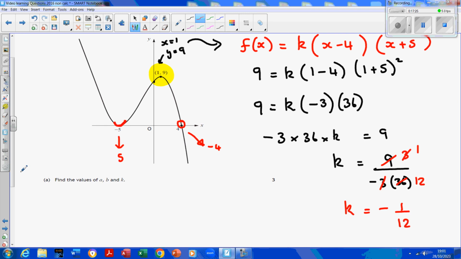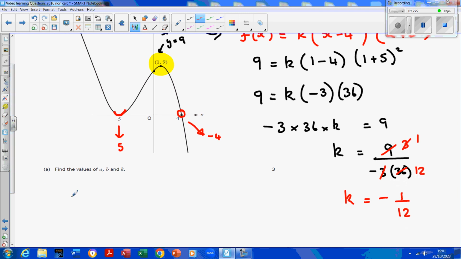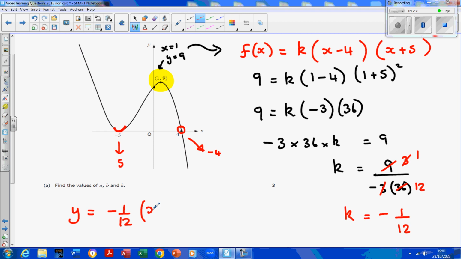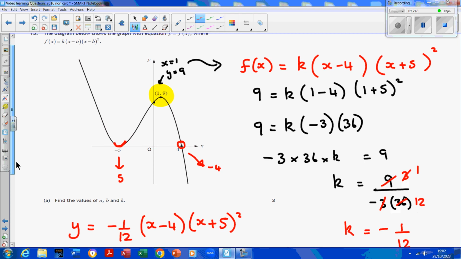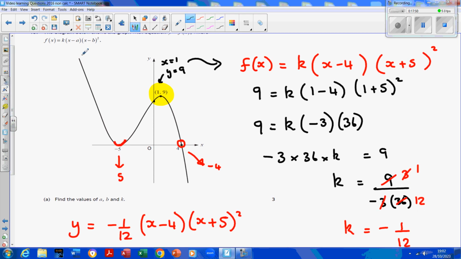So what we've got then is f(x) or y is equal to -1/12 times (x minus 4) times (x plus 5) all squared. Now this question is saying find the values of a, b and c. I'm going to go back up to the top of that because they had written down, and they've got minus signs in here.